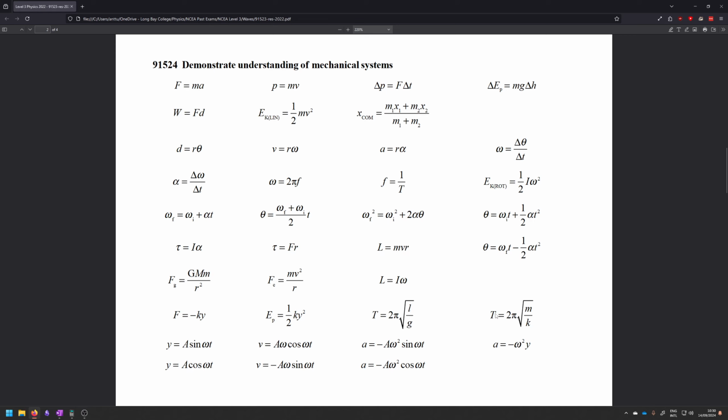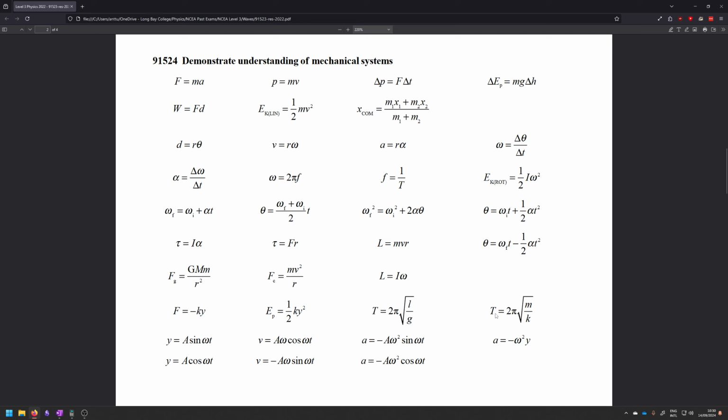See the bottom 2 rows here? y equals A sine omega t, and the one below that, y equals A cos omega t. Those are our SHM equations, which model the displacement, y or x, the velocity, v, and the acceleration, a, at any point in time during its motion.